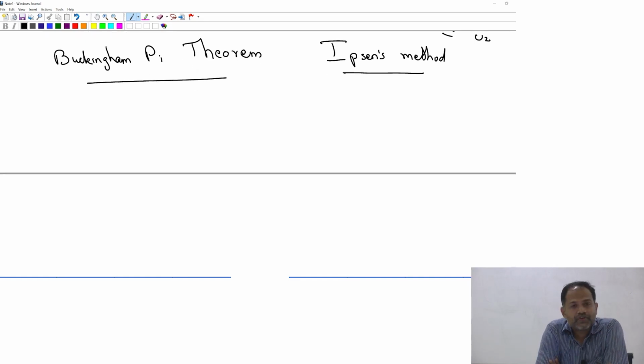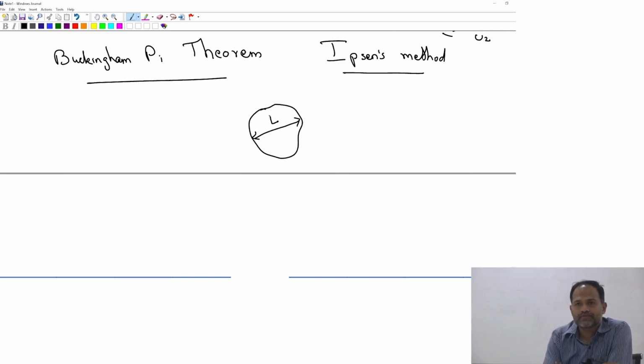So the situation that we are going to consider is the situation that we actually started talking about when we started non-dimensional analysis, which is flow past a body. Okay, we have some object of some characteristic size L, and then there is a fluid that's going to go past it.